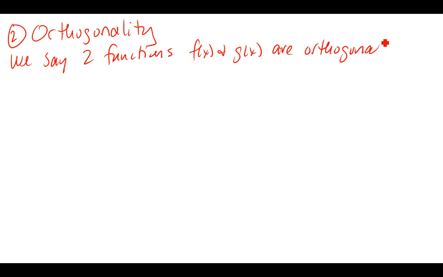We say two functions are orthogonal on some interval a to b if, when you integrate over that interval a to b the product of the two, you get 0.